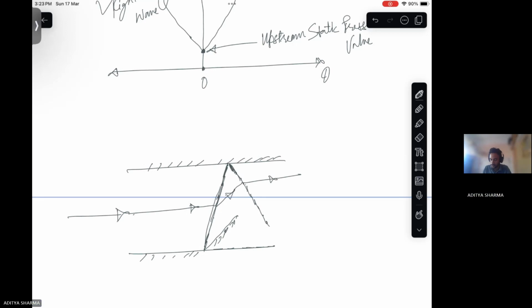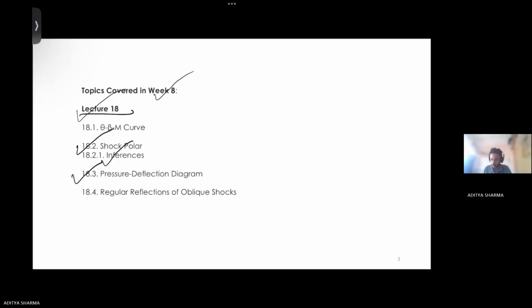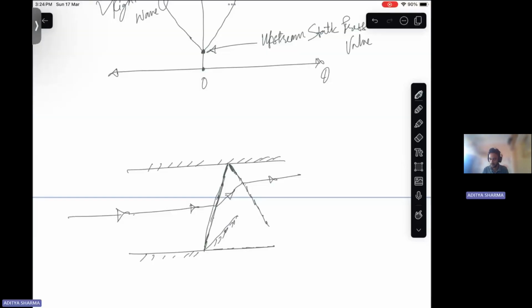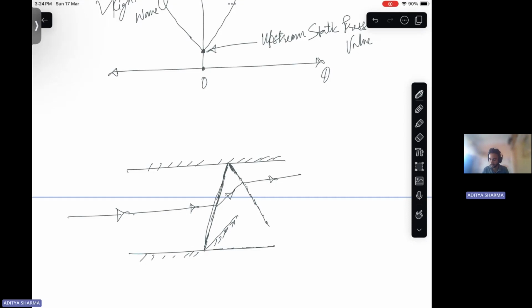So this is the topic, the regular reflections of oblique shocks. Basically, there is a reflection of this oblique shock. This is an oblique shock which is being reflected by this secondary wall.